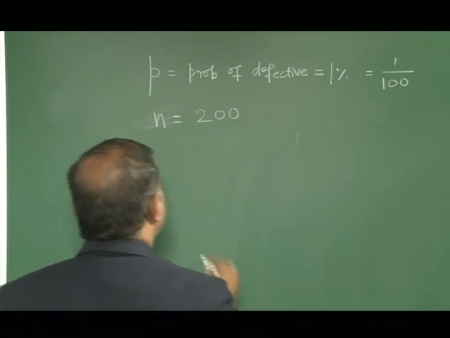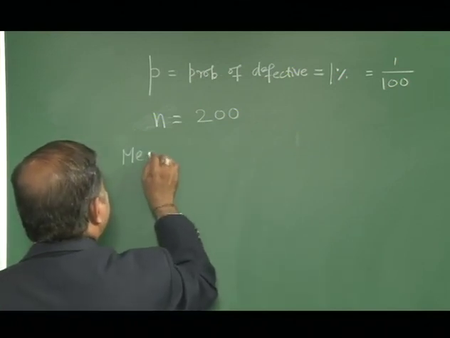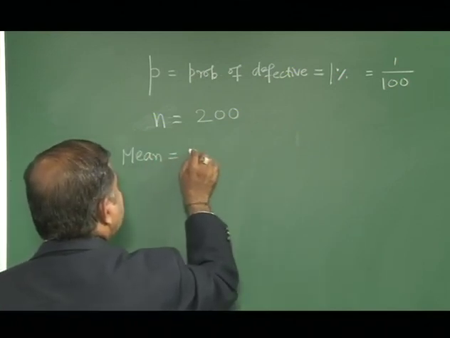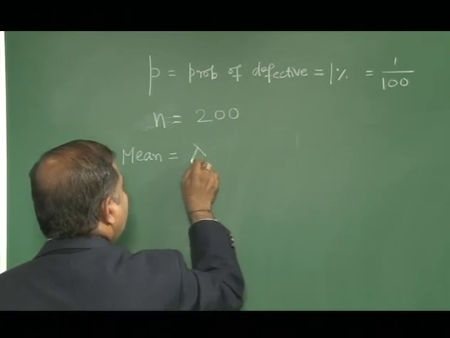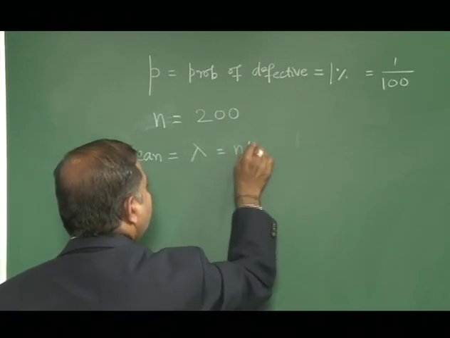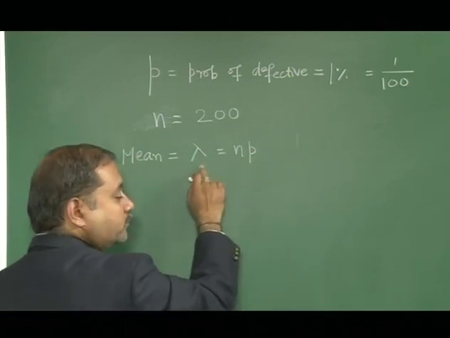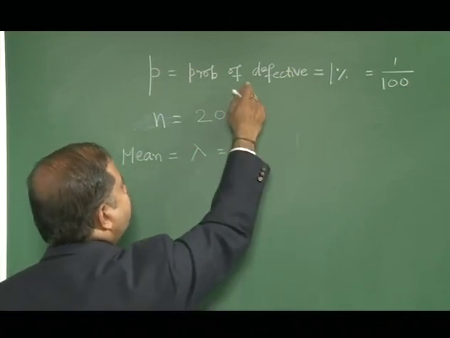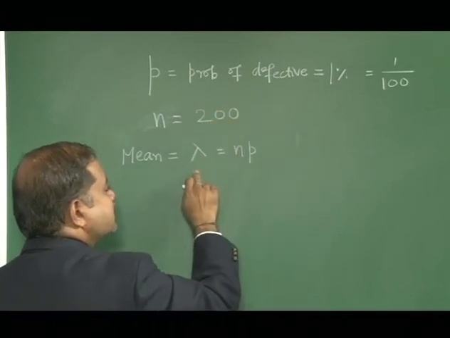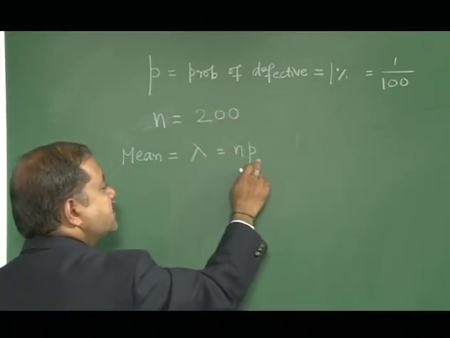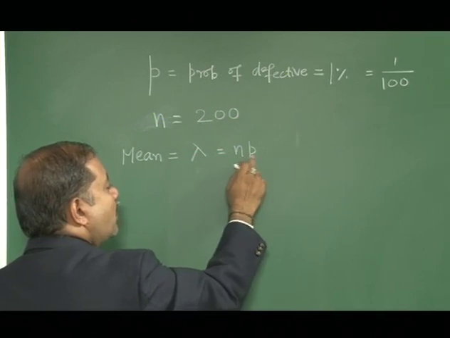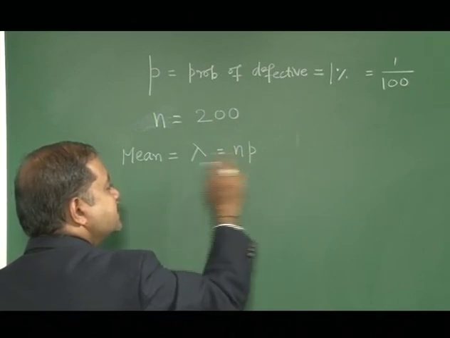200 switches. I am finding the mean here. Please note that in binomial it is np, in Poisson it is lambda. When the probability and n are given, I must calculate lambda using this formula. This is the mean value of the binomial distribution.